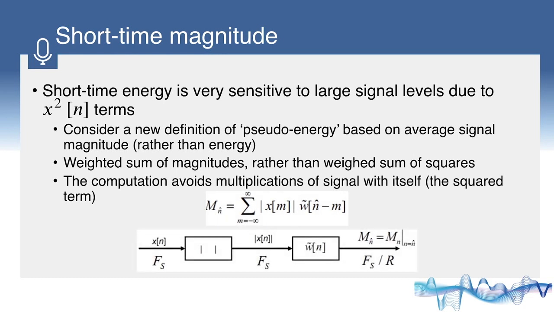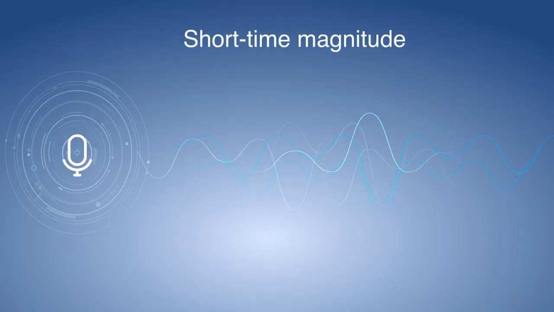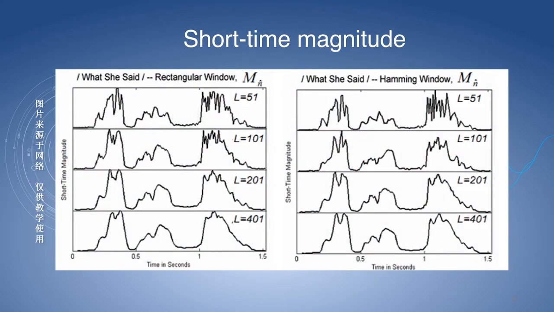The input signal x(n) is first transformed to absolute values, and then multiplied with the weighting function w(n). Considering two kinds of windows, rectangular and Hamming, the short-time magnitudes perform differently. As the frame length L increases, the short-time magnitude functions become smoother.